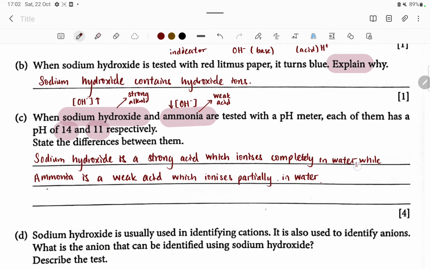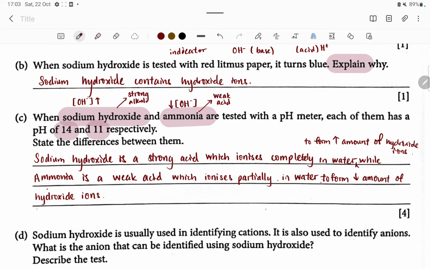This one you can still add to form large amount of hydroxide ions. This one to form small amount of hydroxide ions. Okay, and then after that we have to talk about the concentration of hydroxide ions.